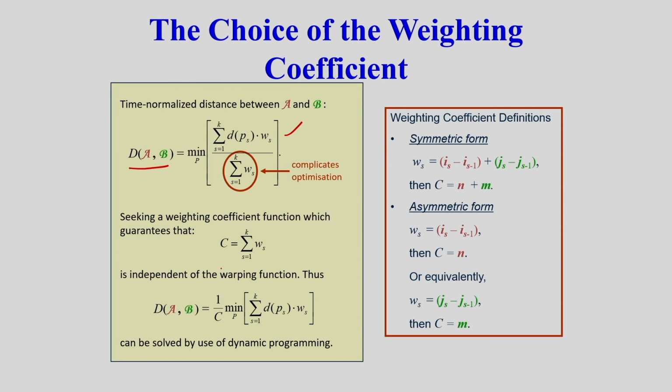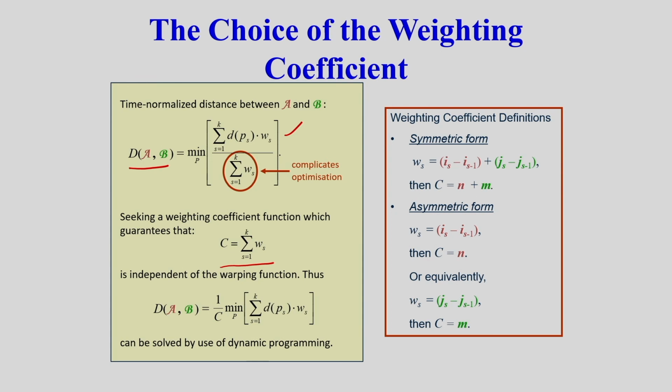So now I am considering C is equal to the summation of Ws, from s equal to 1 to K. Ws is nothing but the weighting coefficients, and this weighting coefficient function should be independent of the warping function.